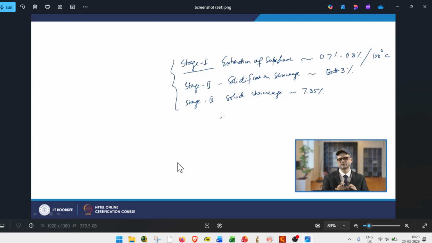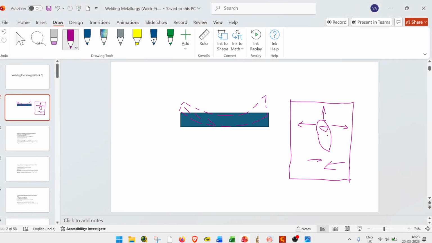Okay, there are three stages in these distortions. One is the expansion of the surface: for 100 degrees it will change by 0.7 to 0.8 percent. Then solidification shrinking: here the molten material is there, and once it solidifies, it starts shrinking, which results in compaction.